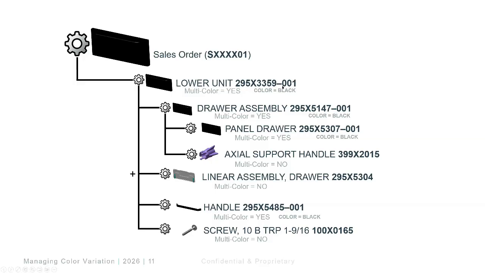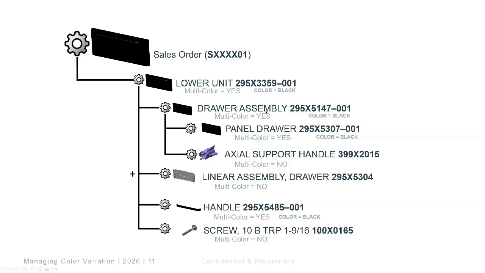My main assembly is going to be represented by just the part number and 2 attributes. Is it a multicolor part? And what color is it?